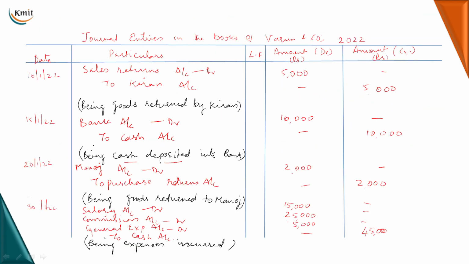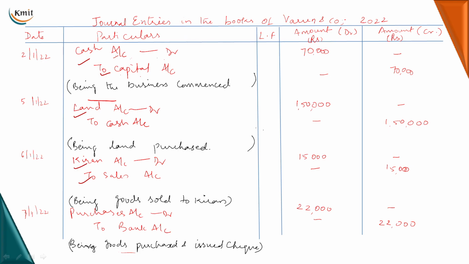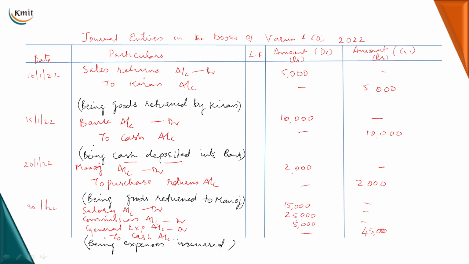Now we'll pick up the second transaction and post it in the ledger. Land account debtor to cash account. So the land account has to be selected first.